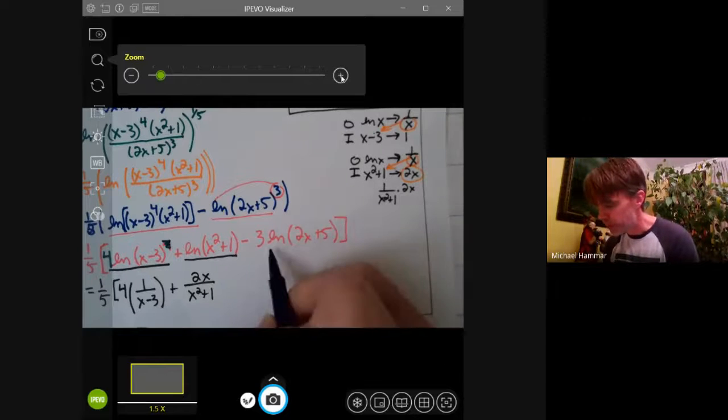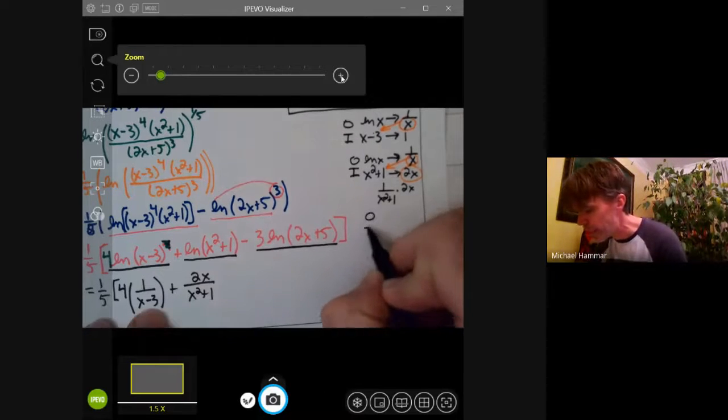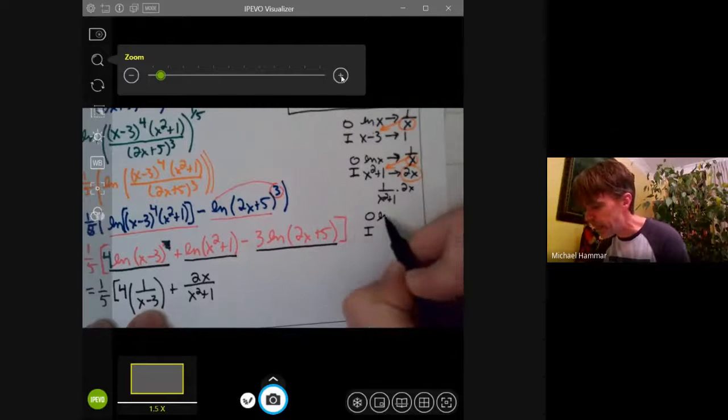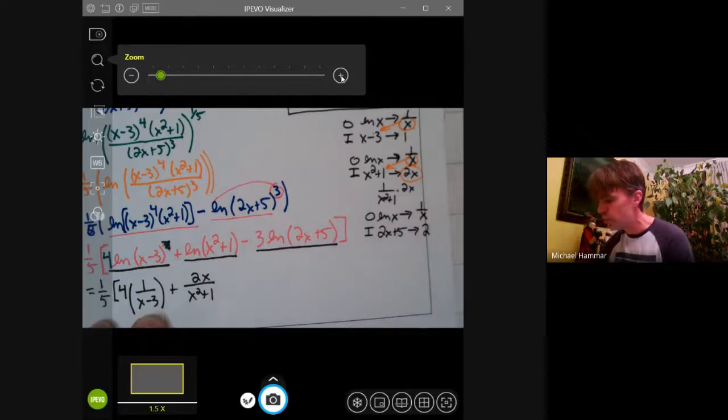So now, let's move to this chunk. You should also notice that this now is the chain rule with a constant out front. So I'm going to go outside and inside. Again, my outside is the natural log of x. My inside is 2x plus 5. So again, it's going to be 1 over x, and then the derivative of this part is 2.